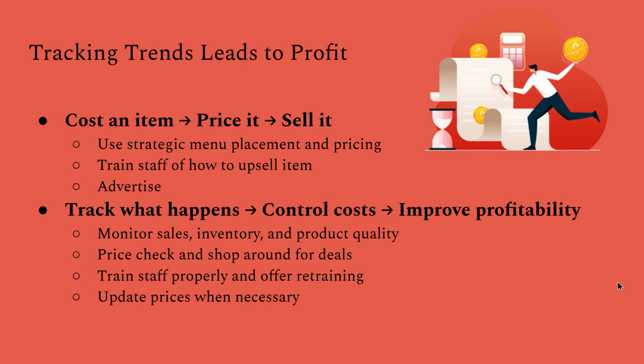From there, what gets more tricky, and what the POS system, our point of sale system, is so beneficial in doing, is tracking what's happening with our products. So this is going to help us control costs, and then therefore we can improve our profitability because we can adapt. So it's important to monitor sales, what you're actually moving through your restaurant, your inventory, what is coming in, what is leaving, and then, of course, the product quality.